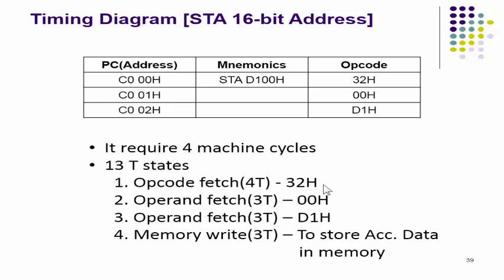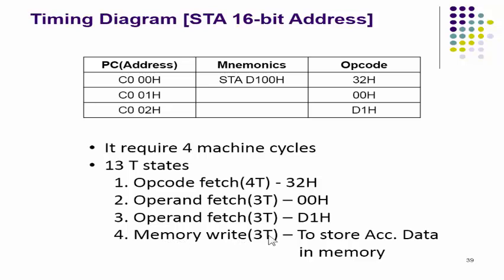Okay, so storing means data writing operation. So one more machine cycle is required to write a data in the memory, that is memory write machine cycle. So total 4 machine cycles are required to perform the operation for this STA instruction.